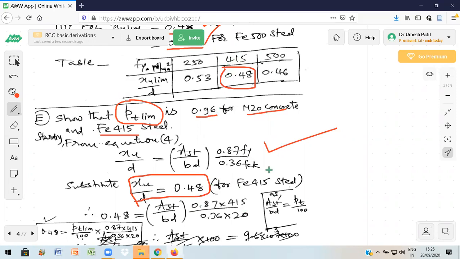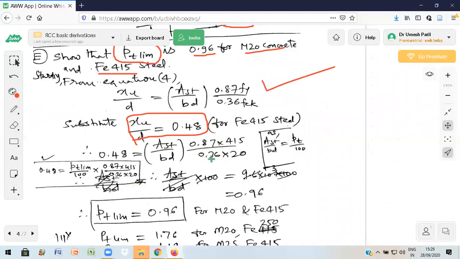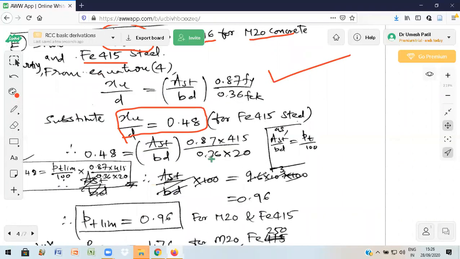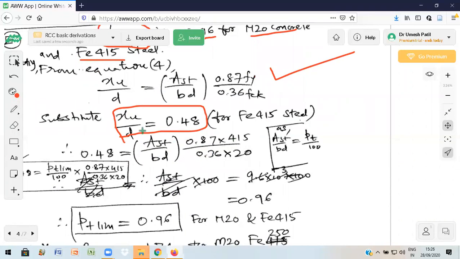Now the LHS, Xu by d, I am going to write as 0.48. Try to understand why I am writing 0.48. The reason is, for Fe415 steel, Xu by d will be 0.48 for a balanced section. For a balanced section.